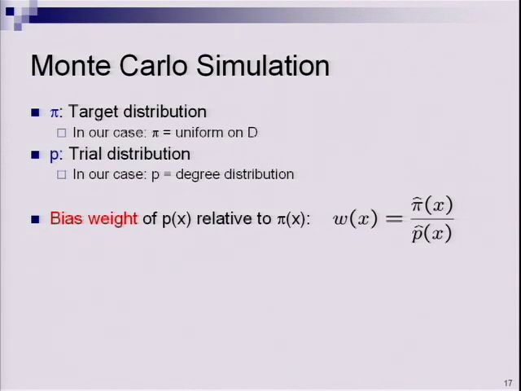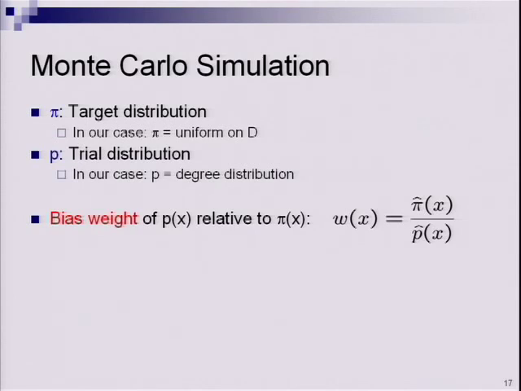A Monte Carlo simulator needs to be able to compute what we call bias weights. For each instance X, in our case, for each document X, we need to be able to compute the bias in P relative to pi. Meaning we need basically to compute the ratio between the probability of X under pi and its probability under P. And these hats are intentional.